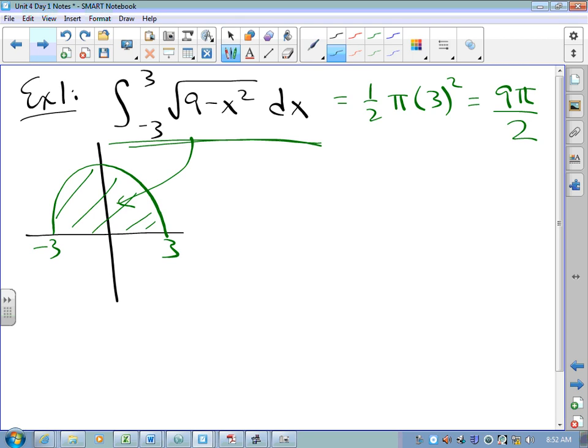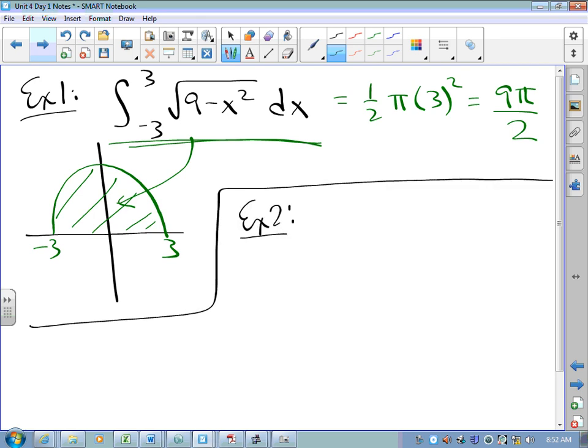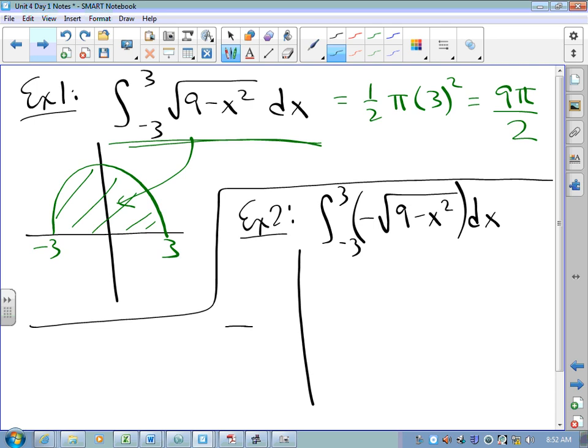Oh, I should probably do one more thing. What happens if the function is negative? We'll go red for negative. Then we're talking about what we call, I'm using air quotes now, negative area.